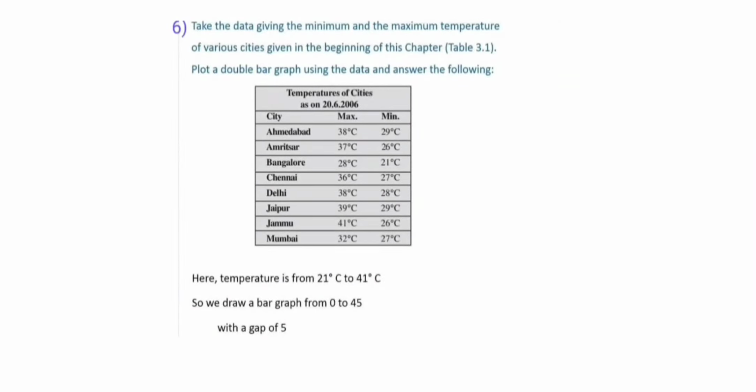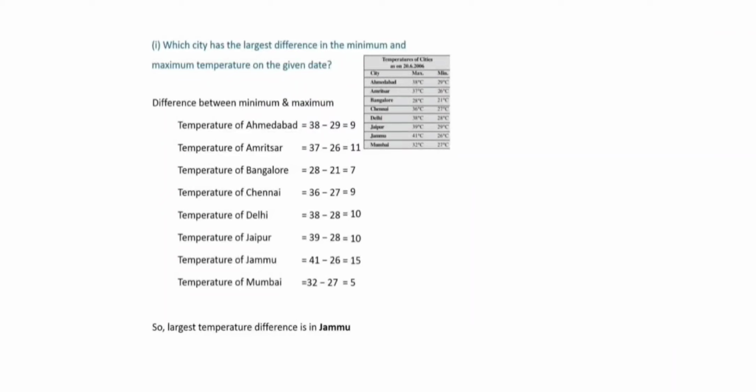Next, take the data giving the minimum and maximum temperatures of various cities given at the beginning of this chapter. Plot the double bar graph using the data and answer the following questions. The different cities are Ahmedabad, Amritsar, Bangalore, Chennai, Delhi, Jaipur, Jammu and Mumbai, with maximum and minimum temperatures. The temperatures range from 21 degrees centigrade to 41 degrees centigrade, so we will draw a bar graph from 0 to 45 with a gap of 5.